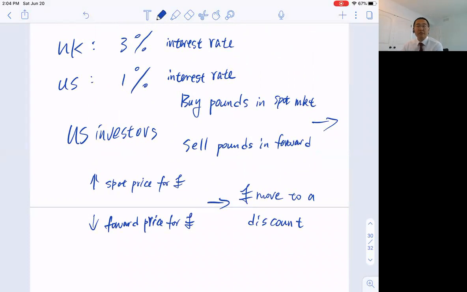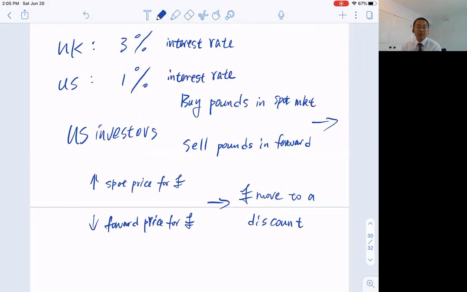Now, this assumption will only work if the spot rate doesn't change or somehow changes in your favor, right? But let's say in three months the spot rate significantly depreciated. If the pound depreciated, then that 2% extra interest you just made might not be enough even to cover the depreciation.